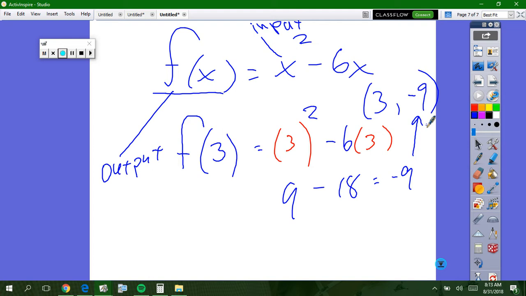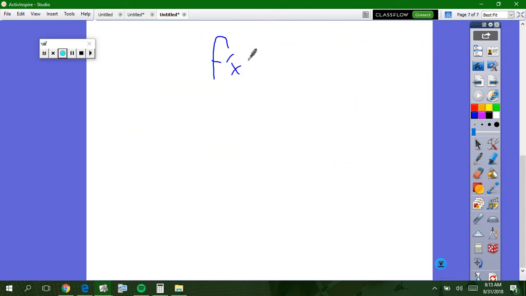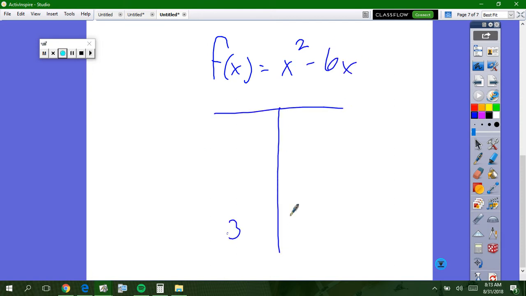Once again, if I wanted to graph this, what would I need to do? We already plugged in 3 and we got negative 9, right? What else could I do? What are some other values?